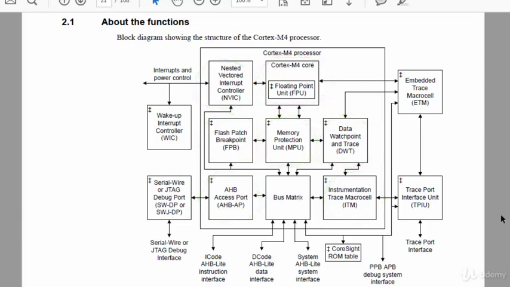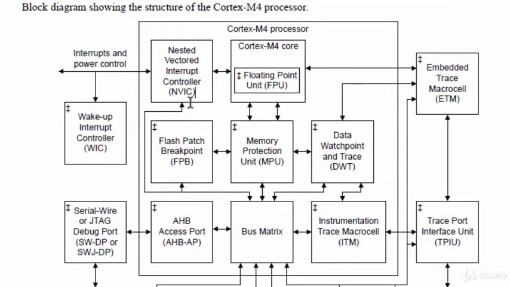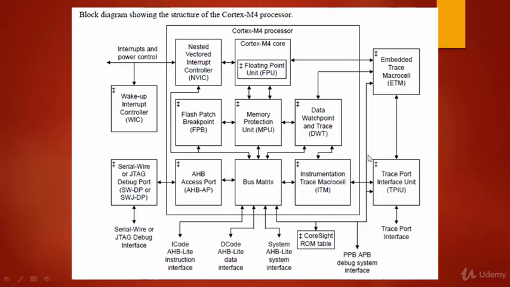That means the processor itself is made up of a core with supportive, processor-specific peripherals designed by ARM. In this diagram you can see that the Cortex-M4 core is surrounded by various peripherals such as the NVIC engine, the flash patch breakpoint, the bus matrix, the memory protection unit, the data watchpoint and trace unit, and so on.